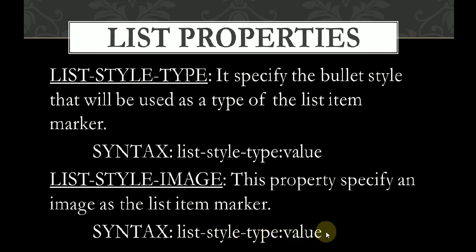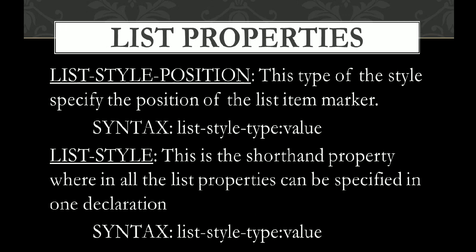In place of the value, you write url and put the path of that image within parentheses. Then it will show in the output. This syntax can be used in both types of lists: the ordered list and the unordered list.